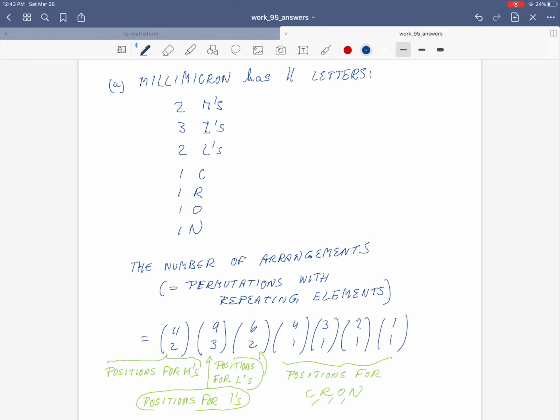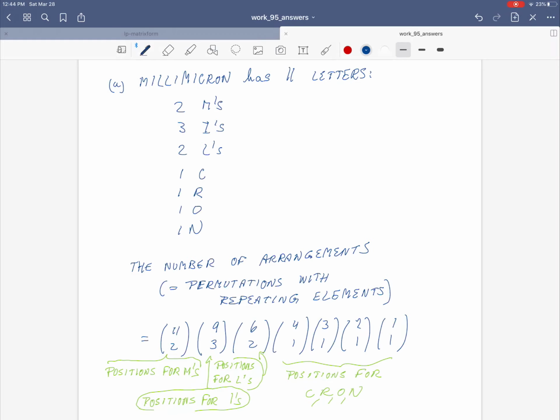Those are independent choices, so we multiply. Then that leaves us 6 positions for L's. So we have 6 choose 2 choices for positions for L. That leaves us 4 positions for C, 4 choose 1 options for that. Then after we place C, that leaves us 3 positions for R, 3 choose 1 options.